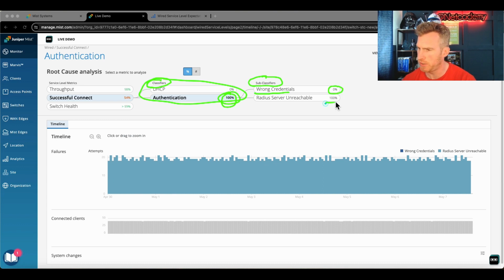But 100% of that missing 46% was actually due to the RADIUS server being unreachable. So that might be a problem on the network itself.